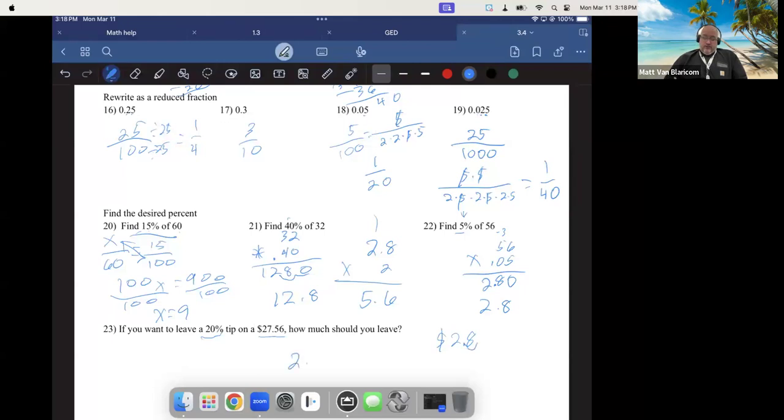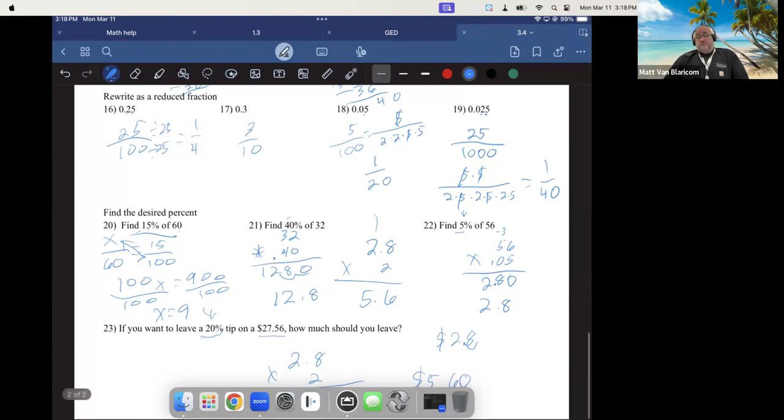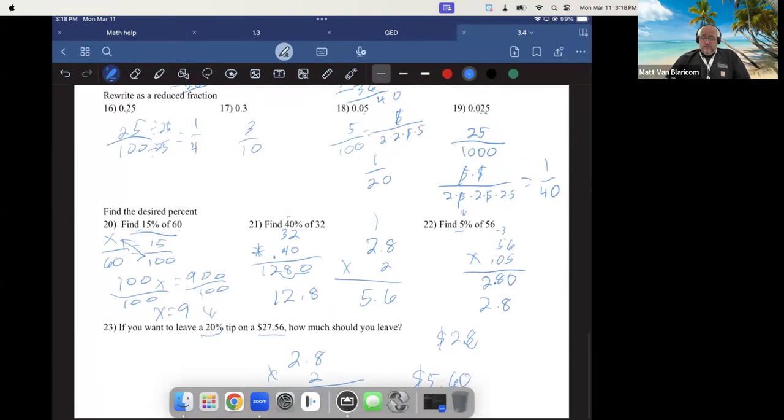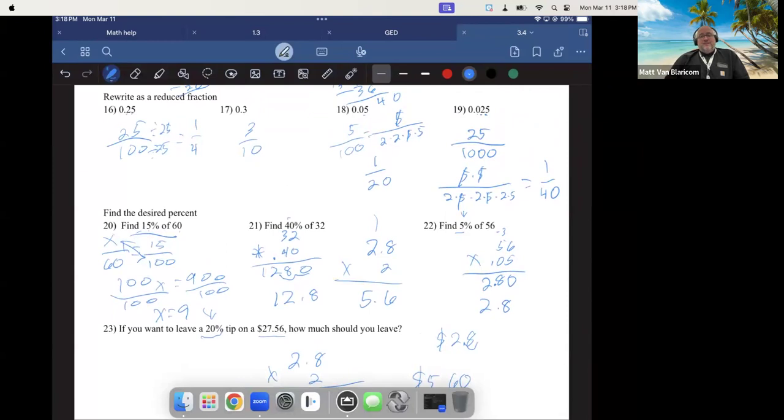So I've got 2.8. But this is 20%, so it has to be times 2. And when I do, I'm going to get $5.60, which would be a 20% tip, which is decent. No complaints.